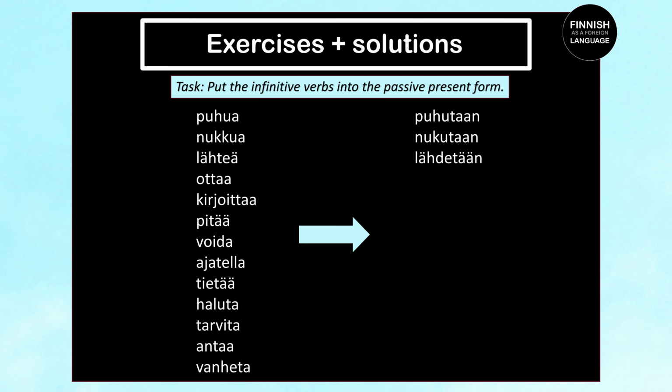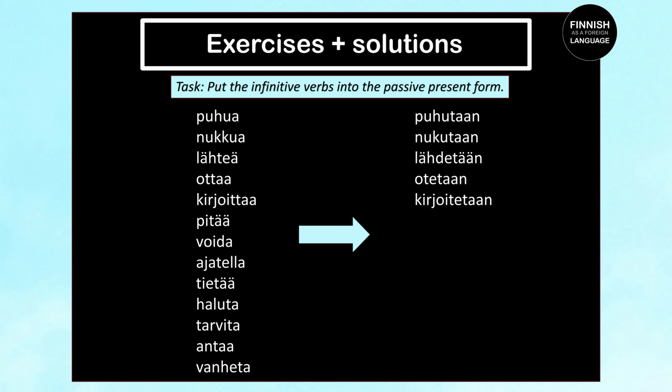The passive present is... very good. It's otetaan. Next one, that's a difficult one. Kirjoittaa means to write. The passive present is... excellent. It's kirjoitetaan. Here we actually have to follow two rules.